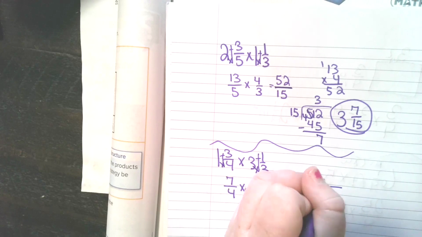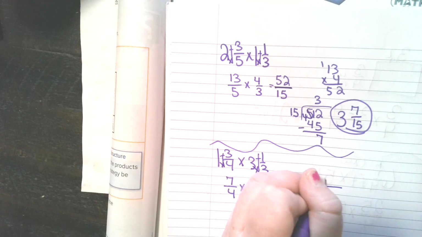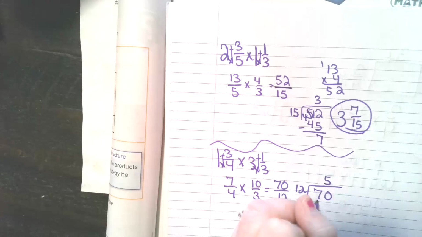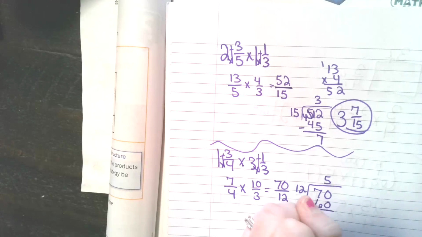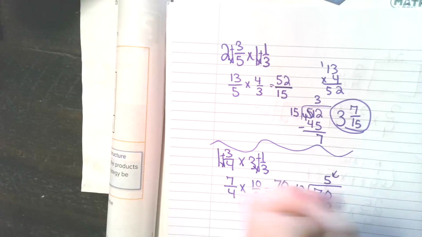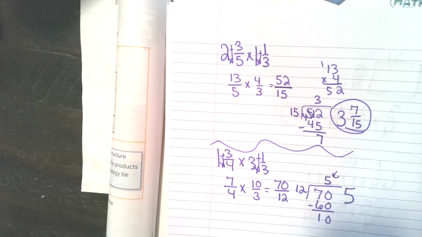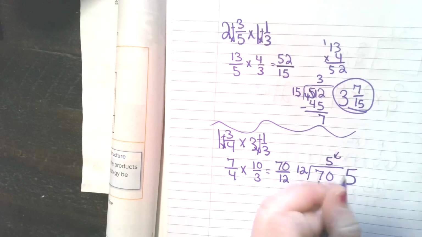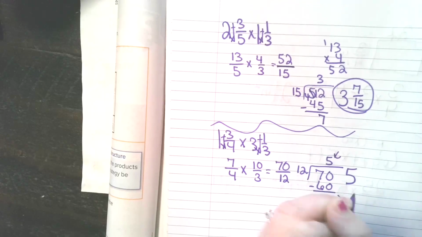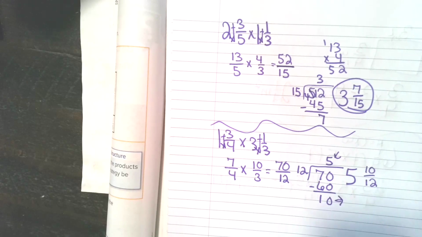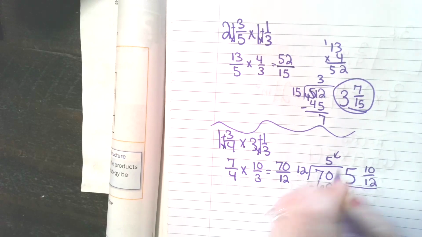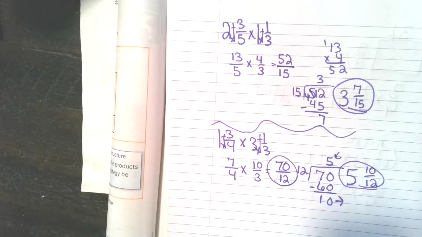Probably 12 times 5, which is 60. So 70 minus 60 is 10. This is my whole number, 5. That's how many wholes I have. The 10 is my numerator, and my 12 is my denominator. So 5 and 10 12ths, or 70 12ths.